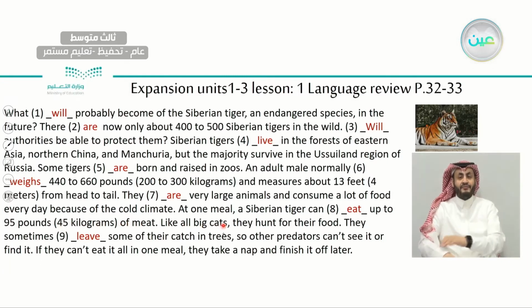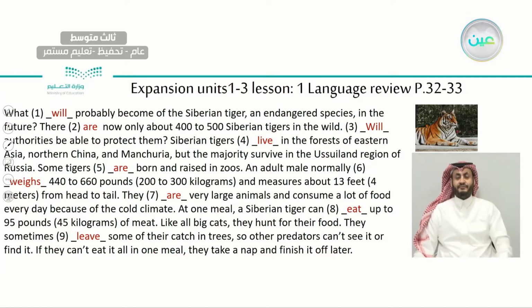Like all big cats, they hunt for their food. They sometimes leave some of their catch in trees so other predators can see it or find it. If they can't eat it all in one meal, they take a nap and finish it off later.